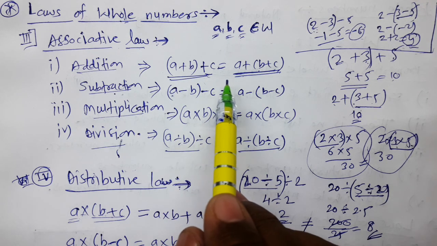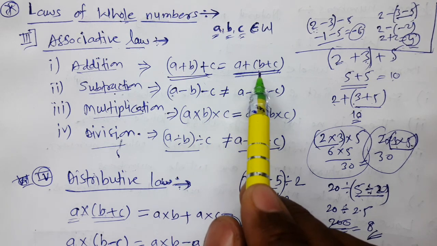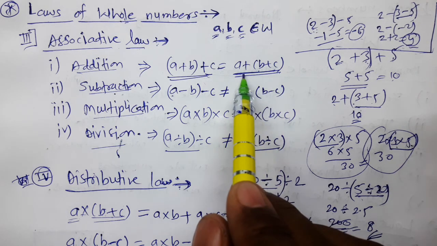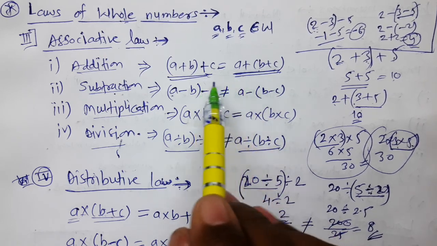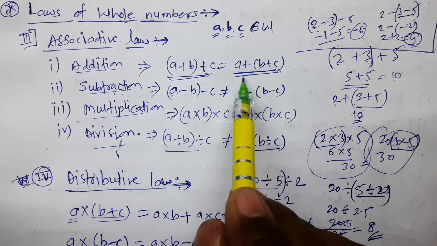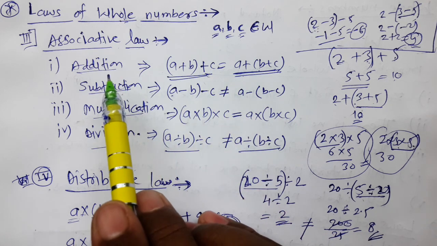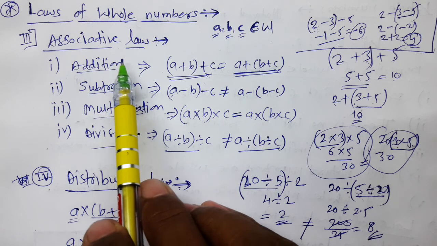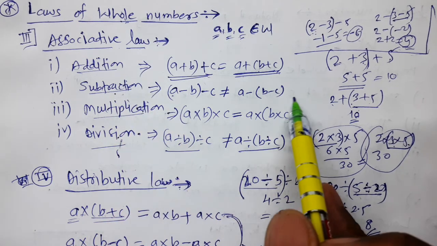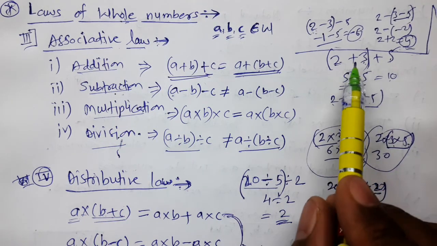Next, put the bracket for b and c, add them, and add a to the result. If we get the same result in both cases, we can say that addition of whole numbers is associative. Now let us take one example.